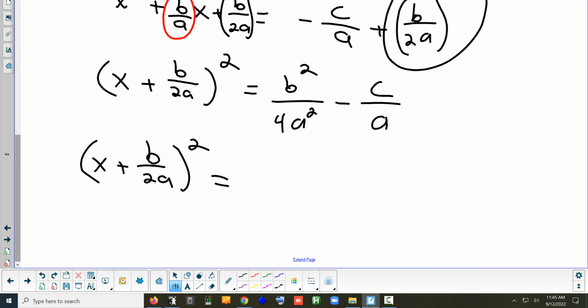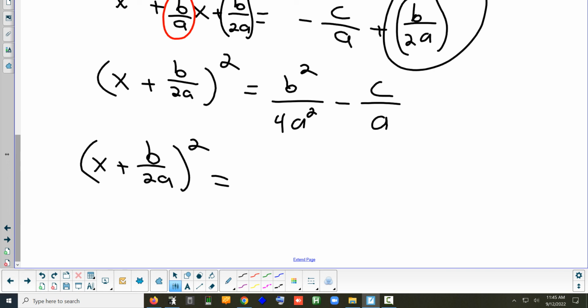Square it. We are going to do something with a square root in a little bit. But it's something just involving these two fractions. What's something you can do with two fractions? Make sure the denominators are the same.